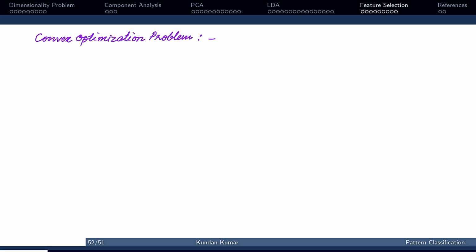If you look at the optimization problem, it has a format something like this.